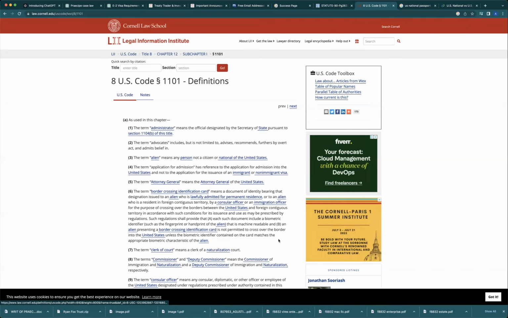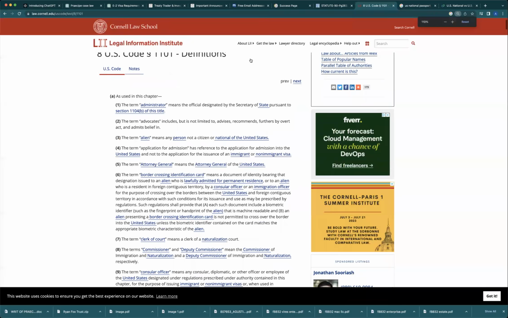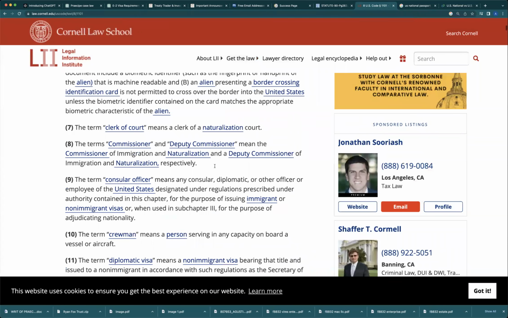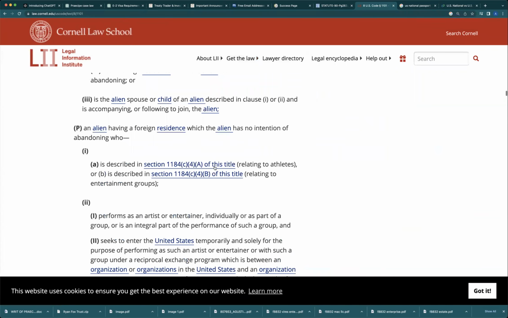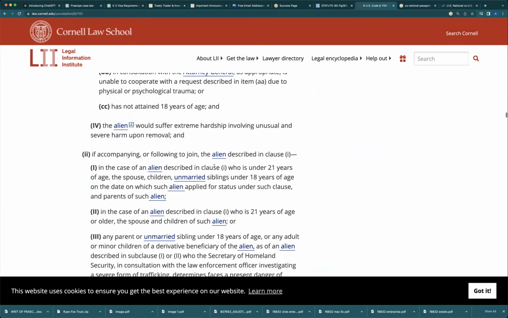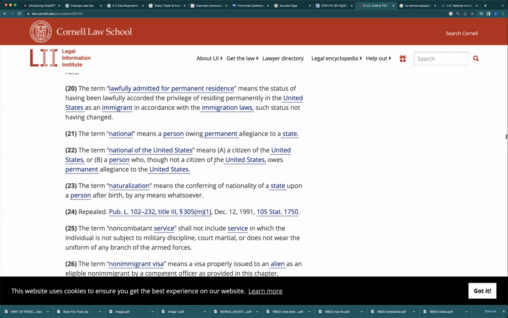We need to look at the definitions for a U.S. national and a U.S. citizen. So scroll down all the way to section, I believe it's 23, 24, 25. Yes, it is 22.